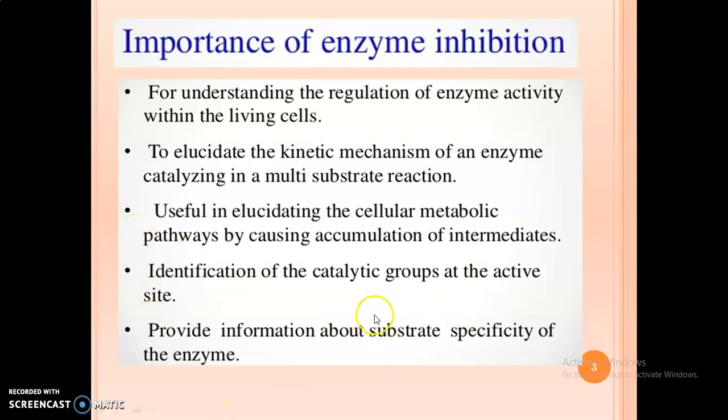Which kind of substrate can bind your enzyme can be identified with the help of enzyme inhibition. Basically, these 5 types of importance are there for enzyme inhibition. It is used in regulation of enzyme activity, then in kinetic mechanism development, then in developing metabolic pathway, then in identification of catalytic group, and in identification of substrate which can bind to the particular enzyme.